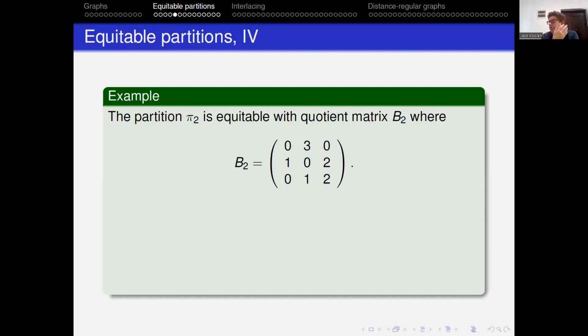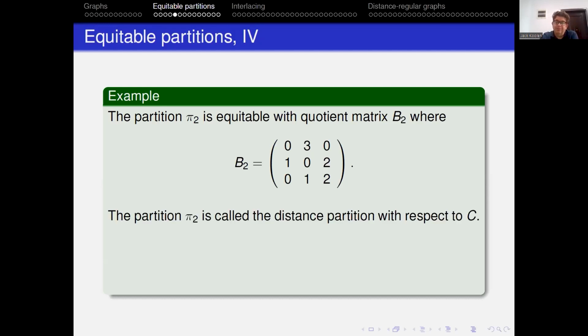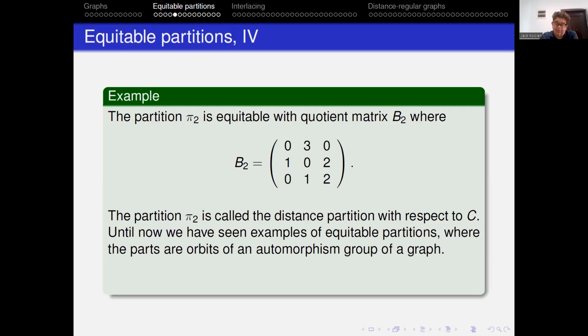So it is a 3-regular graph here, so that's not so difficult to see. You can check the picture one more time yourself. So this is with respect to C.